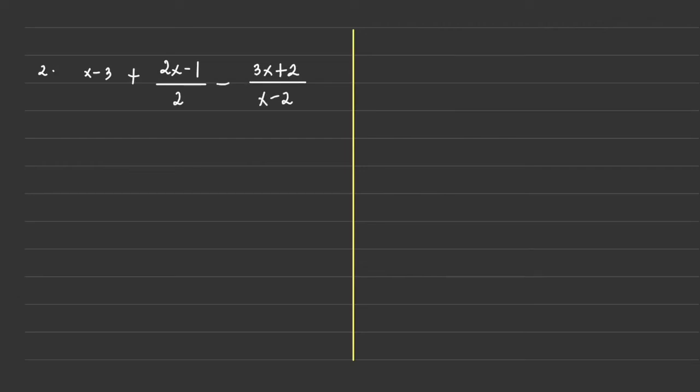Example number 2. We need to perform the indicated operation on the given. We first identify the LCD of the given expressions. The LCD is 2 times the quantity of x minus 2. We now get the equivalent expressions.